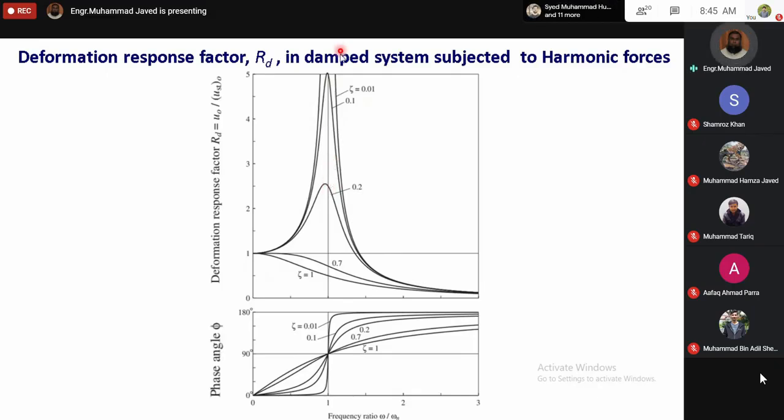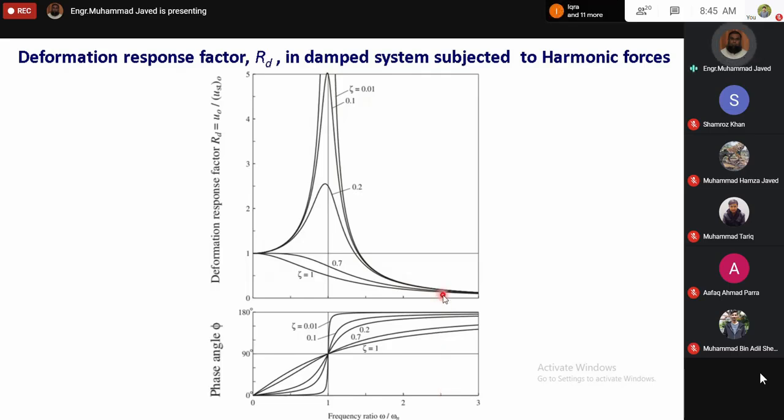But after resonance RD again start decreasing. रेजोनेंस के बाद आरडी कम होना शुरू हो जाता है, और अगर आप यहां देखें कि ये इस रेंज में तकरीबन यहां पर फ्रीक्वेंसी रेशियो की वैल्यू क्या है, अप्रोक्सीमेटली 2.5.